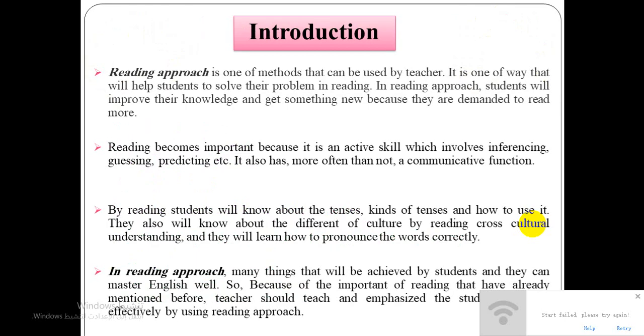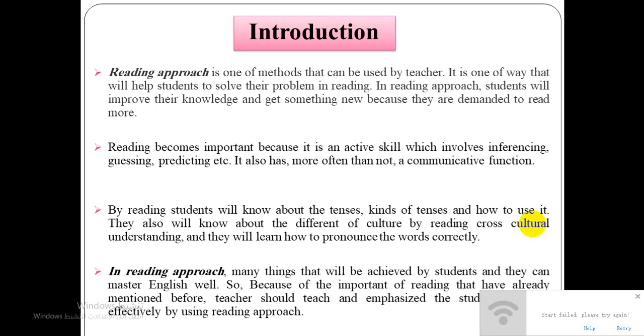Reading approach is one of the methods that can be used by teachers. It is one of the ways that will help students to solve their problems in reading. With a reading approach, students will improve their knowledge and get something new because they are demanded to read more. By reading, students will know about the kinds of tenses and how to use them.